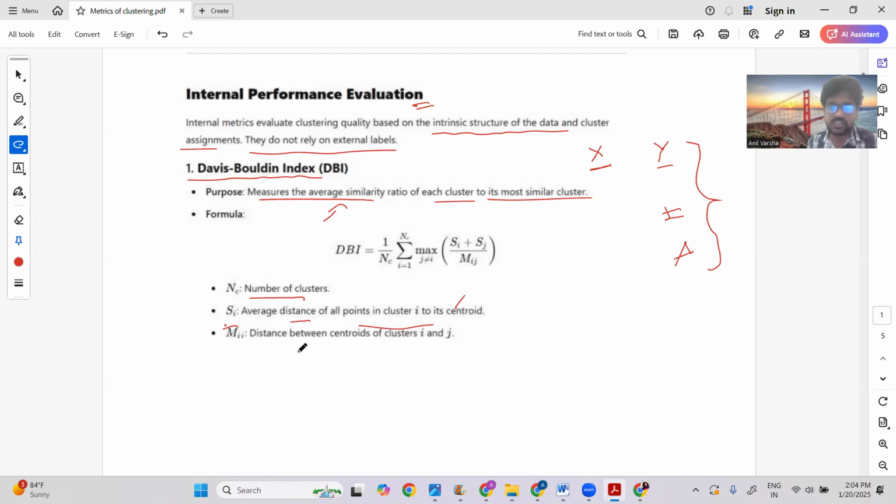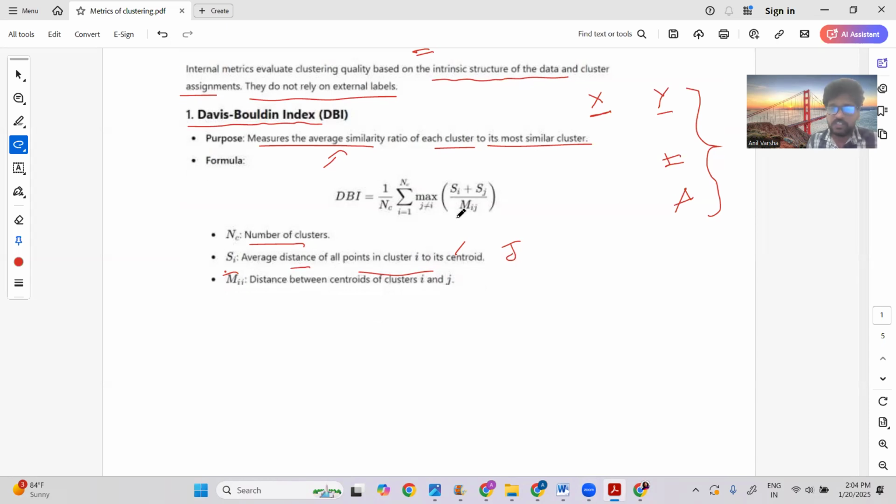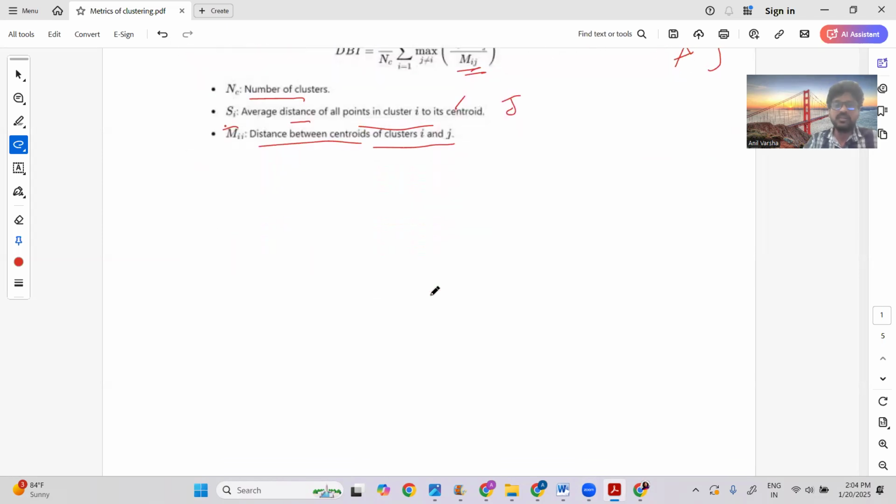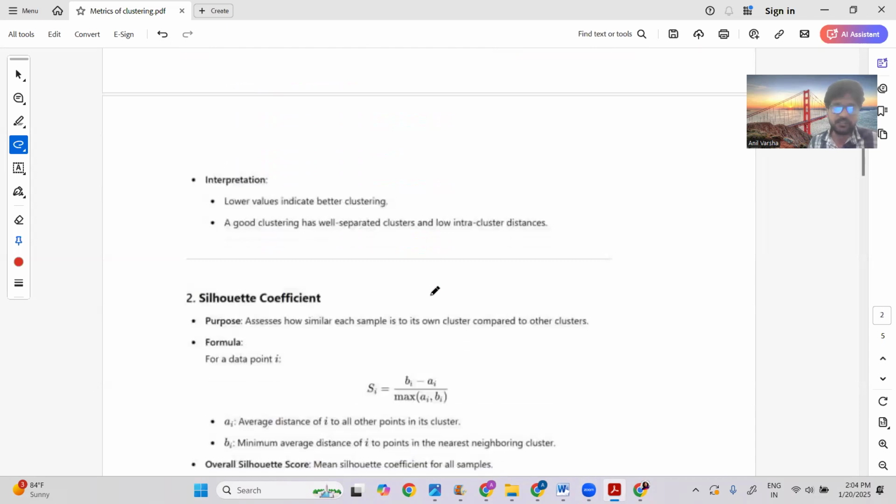S_j is the average distance of all points in cluster j to its centroid. M_ij is the distance between the centroids of clusters i and j. This is how the Davies-Bouldin index is calculated.